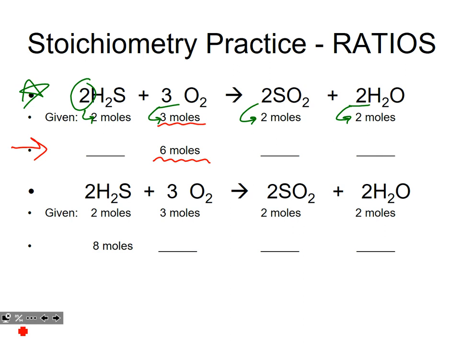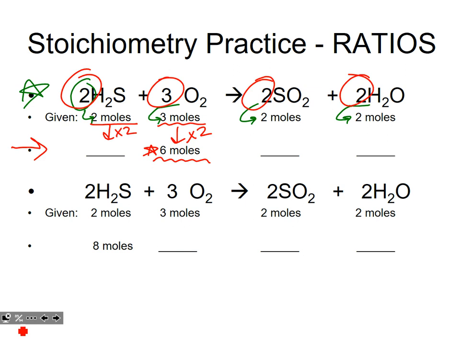Well, we want to keep this 2 to 3 to 2 to 2 ratio intact. So what did I do to go from 3 moles to 6 moles? I doubled it, right? I doubled the amount. So if I now want to work out how much H2S I need to start with, if I'm starting with the 6 moles of oxygen, I'm going to apply the same proportion.